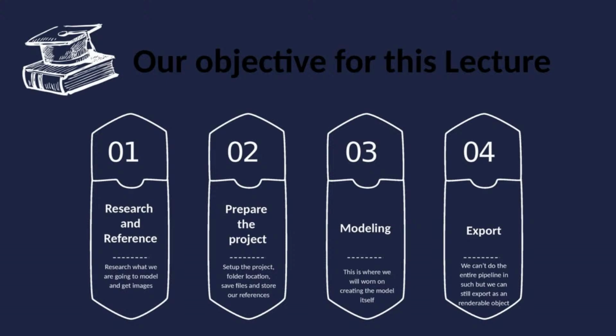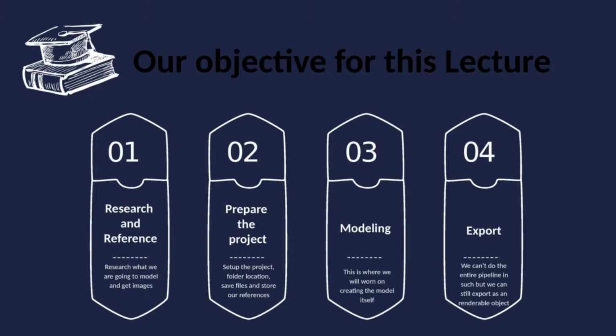Okay, our objective for the lecture. This is going to be what you're gonna be focusing on for the time being, research and reference. So if you're going to model an object, what is that object itself, what does it look like, and what are the dimensions.